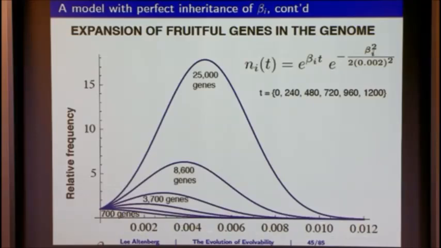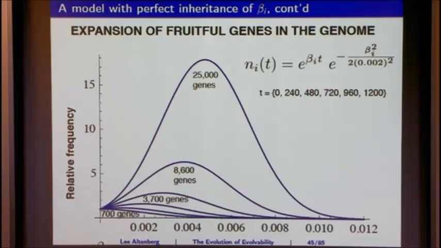And then you let the genome grow, and in time this distribution shifts. When you have 3,700 genes, it's shifted up here, and by the time you get to the size of the human genome, the bulk of the population is way up here in values that were scarcely evident early on in its evolution.